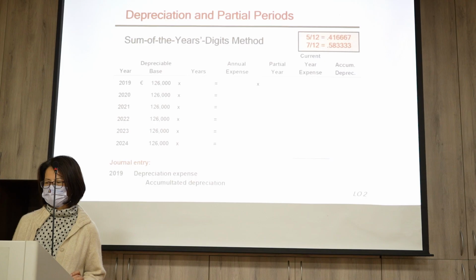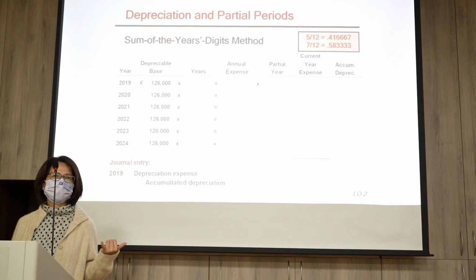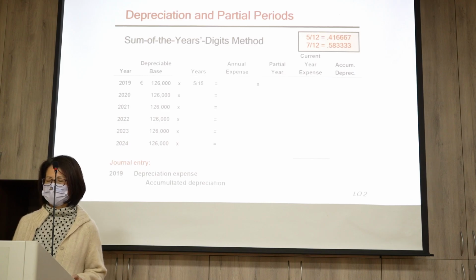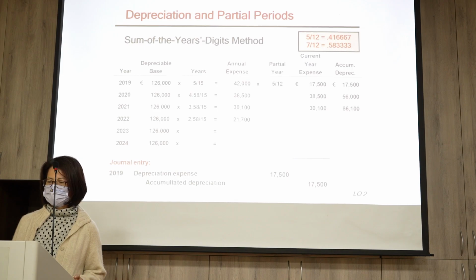And how about the sum of the years digit method? For this method, you still do 6-year depreciation, but the first year you only do 5 months, and in the second you do the whole year. So that is the concept.